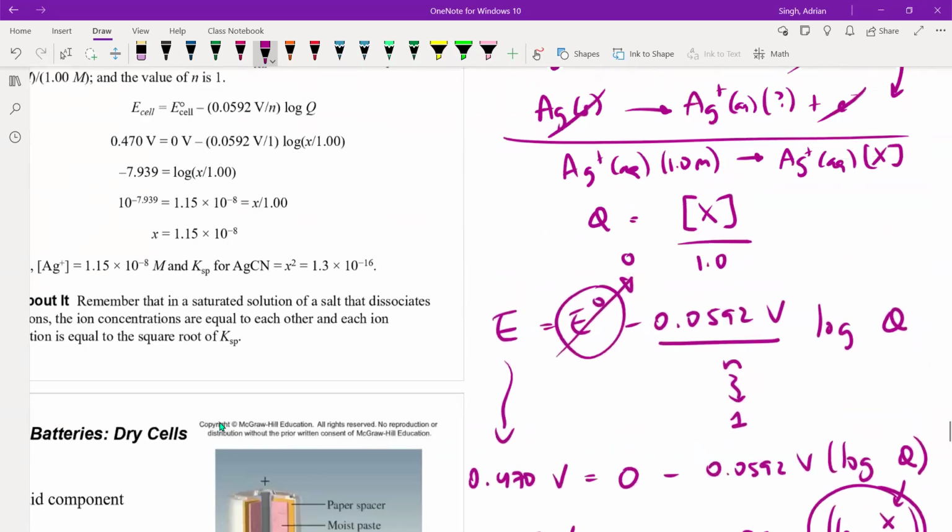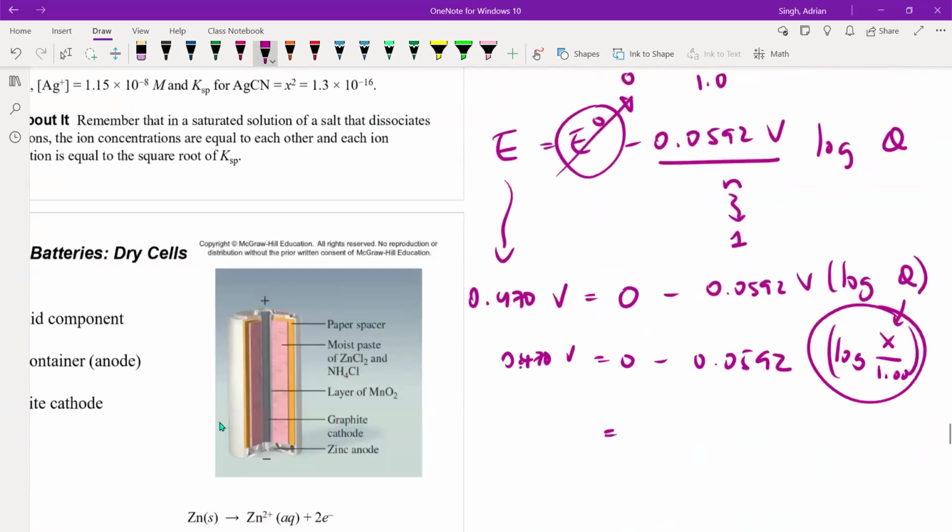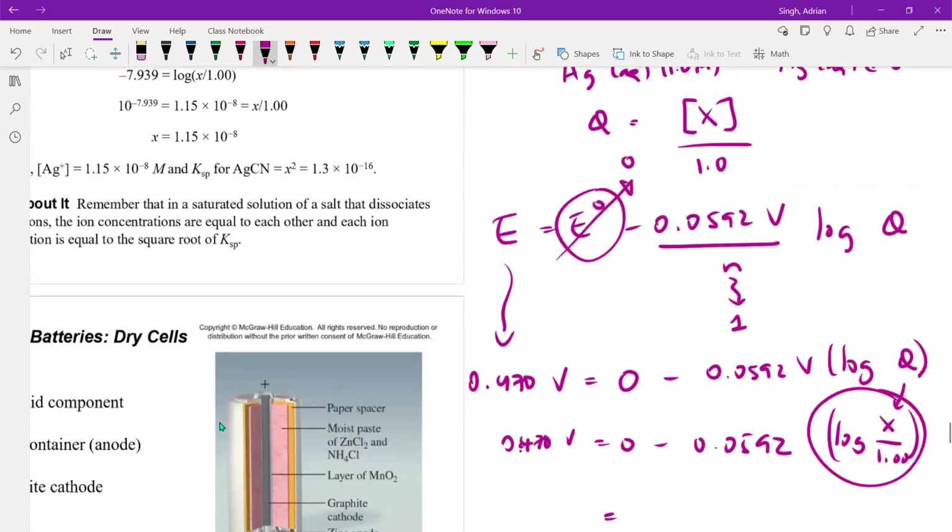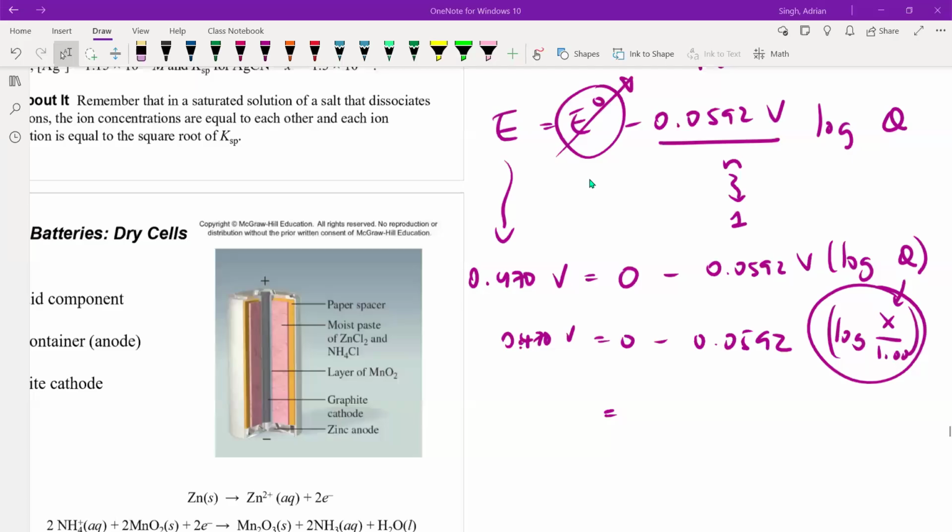So if we substitute that in, let's evaluate this here.